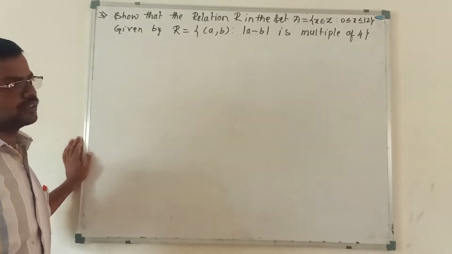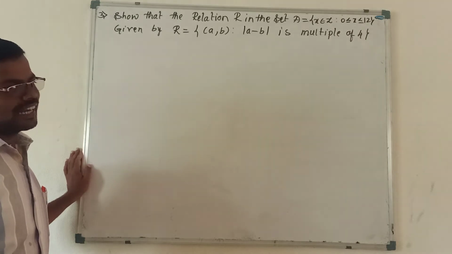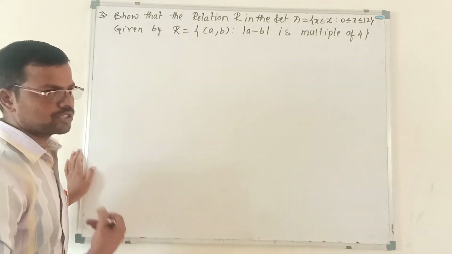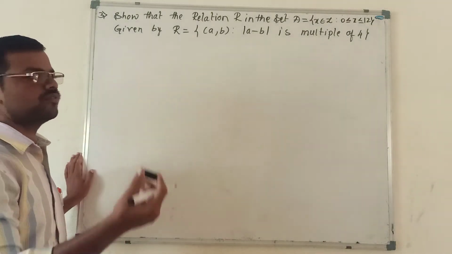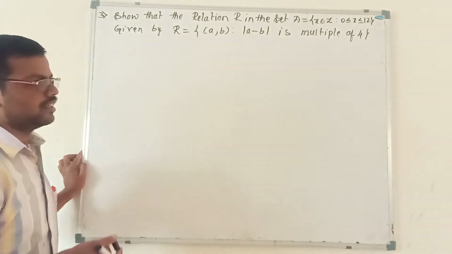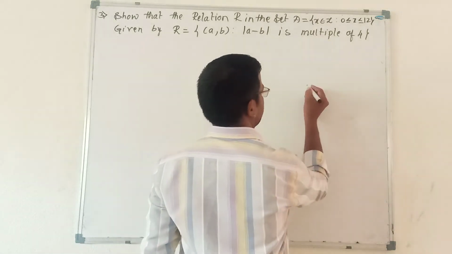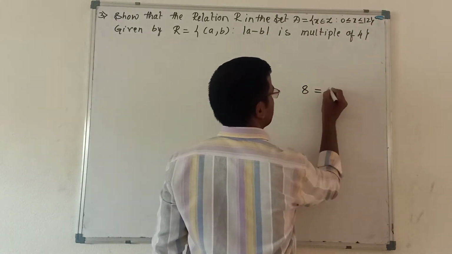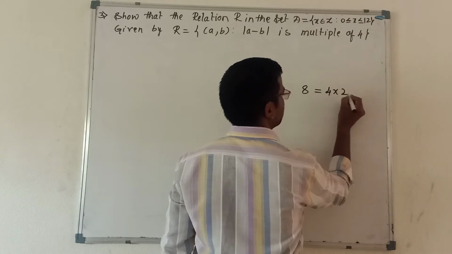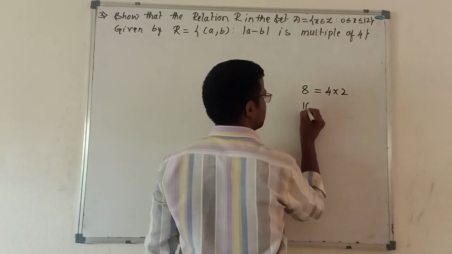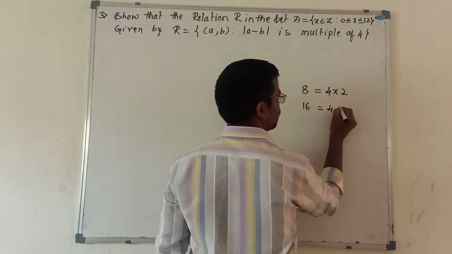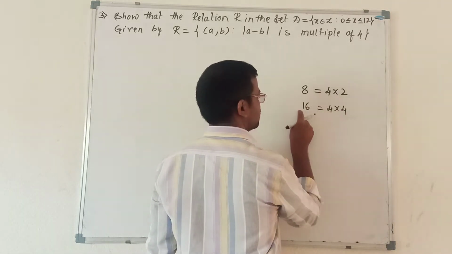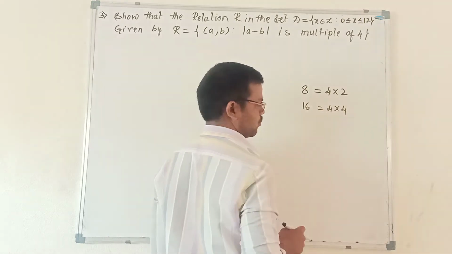Multiple of 4 means, for example, it can be expressed as a product of 4 with another integer. For example, 8 is a multiple of 4. Why? Because it can be written as 4 into 2. Similarly, 16 is a multiple of 4, 4 into 4.